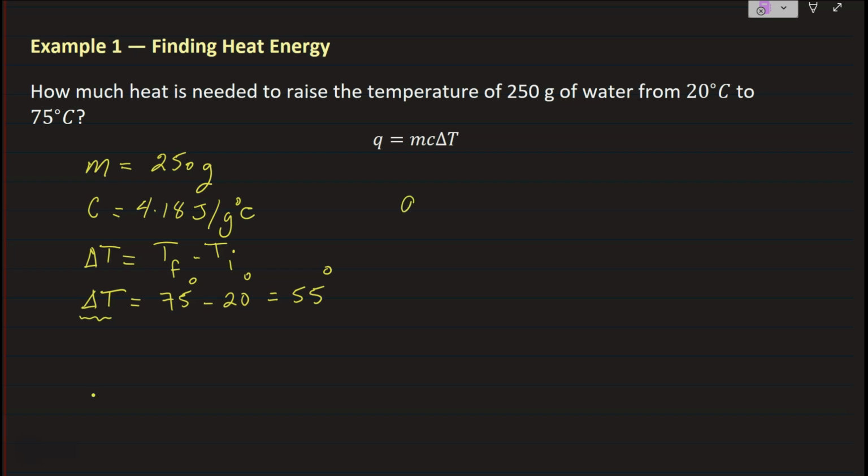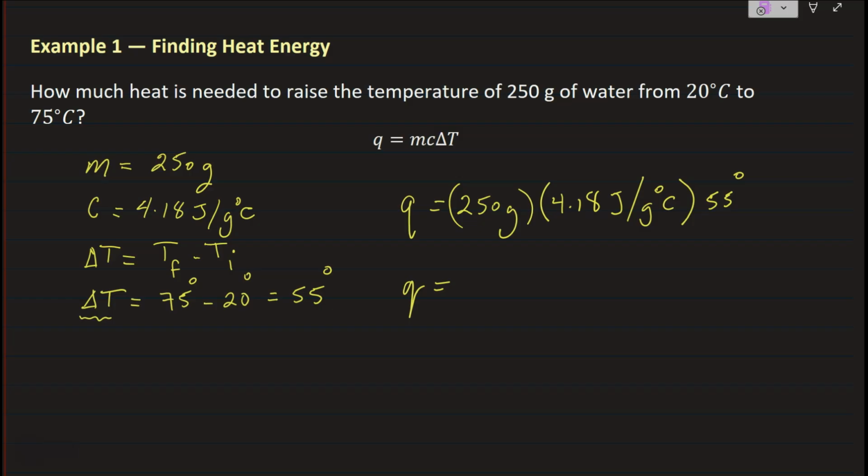Now we're going to substitute it into the formula and get the value for Q. So Q is equal to 250 grams times the specific heat capacity, 4.18 joules per gram times Celsius, and delta T is 55 degrees.